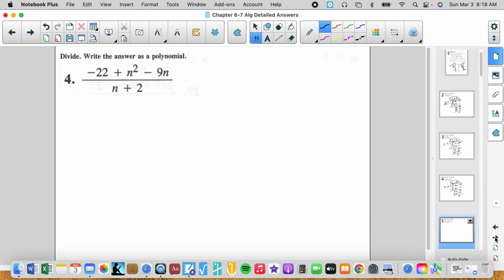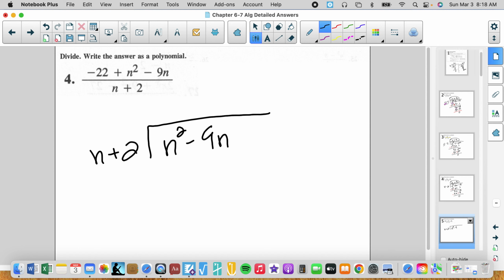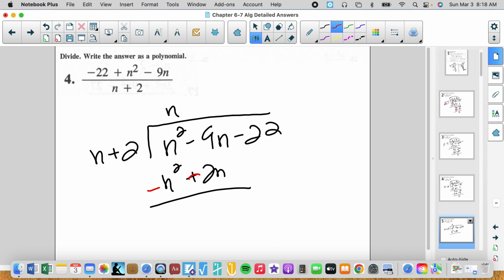Again, make sure that you're going to write this in standard form. n squared minus 9n minus 22. N becomes n squared plus 2n. Let's change the signs. That's negative 11n minus 22. Now, I like this.